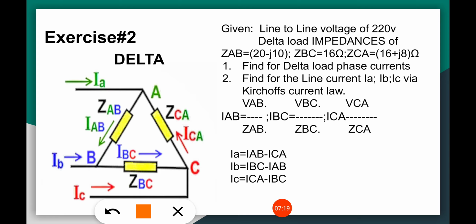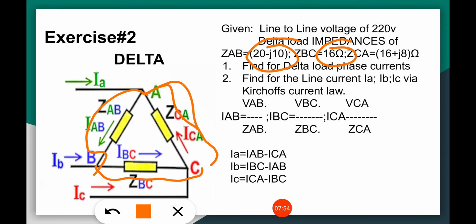So we have the line-to-line voltages: VAB, VBC, and VCA. The impedances of the delta load phases are given: ZAB is a capacitive load, ZBC is a pure resistive load, and ZCA is an inductive load.